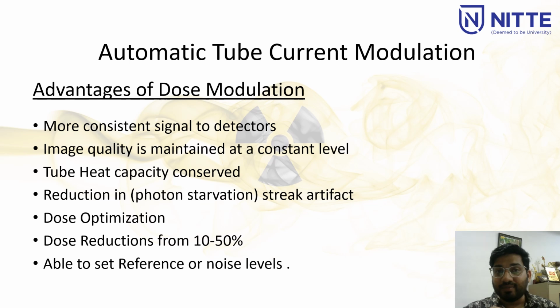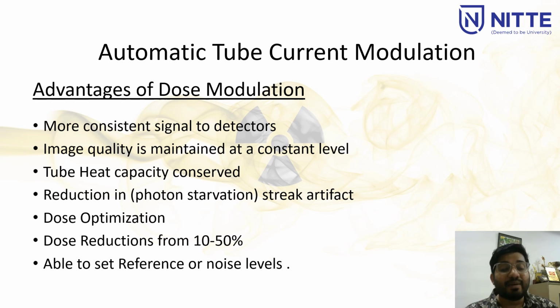So the image noise will be greater in a fixed MA protocol, but in automatic tube current modulation, the automatic exposure control, image quality is maintained at a constant level, because when a higher attenuation structure comes, the tube current increases. When low attenuation comes, the tube current automatically decreases. So the noise level will be constant, and image quality is maintained at a constant level.